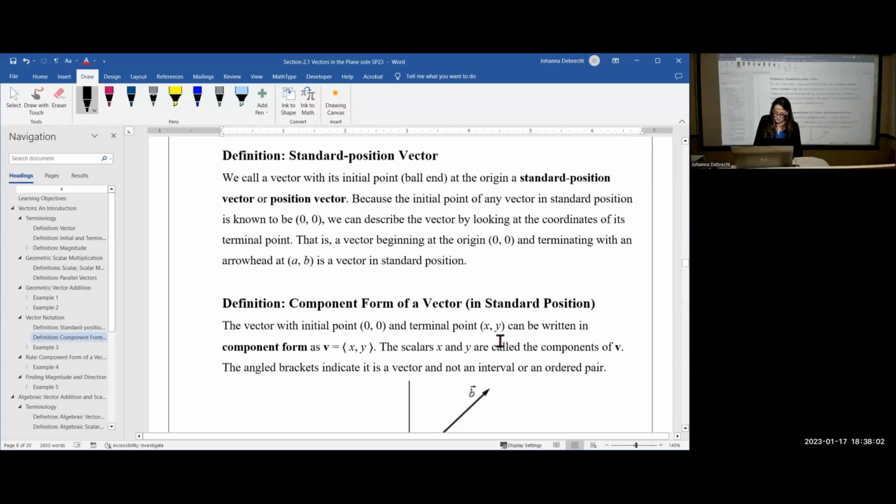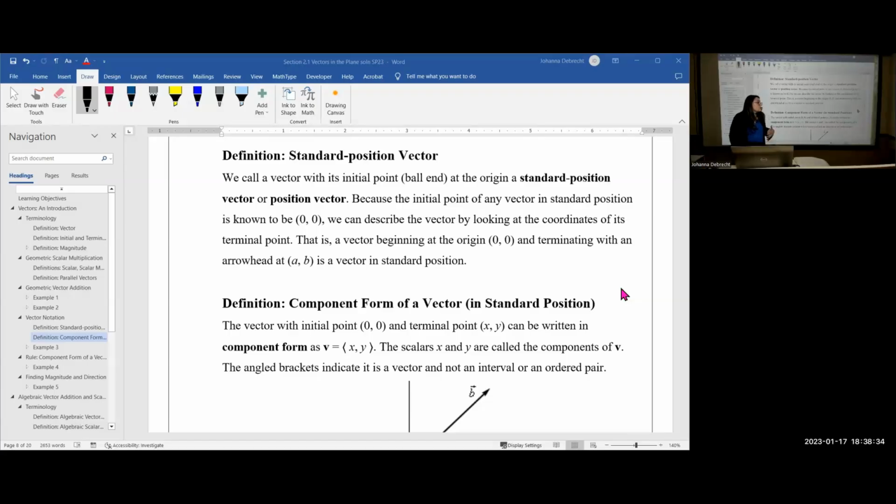All right. So this is what we call a vector in standard position, or just position vector for short. That means that the initial point's at the origin and the terminal point is at (a, b), and we use angle brackets to indicate it. And you can see down here, this is called component form of the vector. And you can see that the x and y components refer to the ordered pair coordinates of the terminal point.